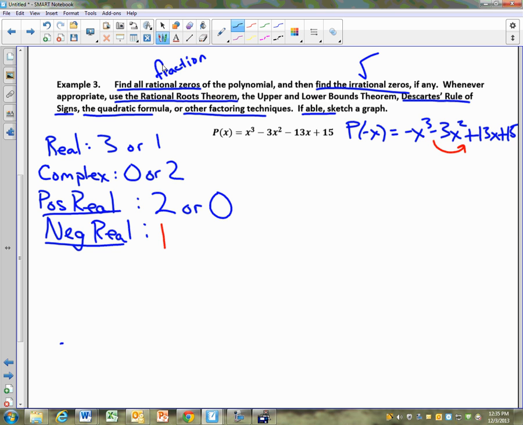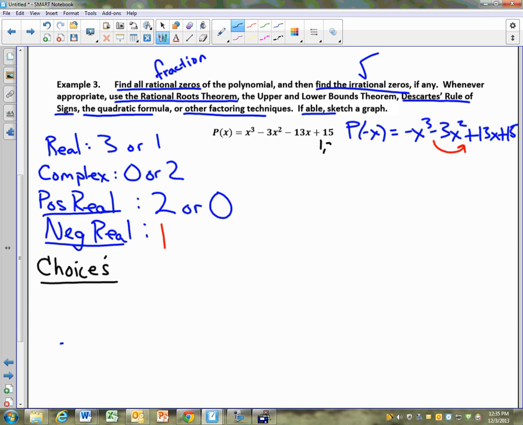So now let's work on actually finding the solutions. You don't know how to find the solutions unless you use the rational roots theorem. So let's list our choices. You remember that the choices are the factors of your last term divided by the factors of your front coefficient. So what are my p's?